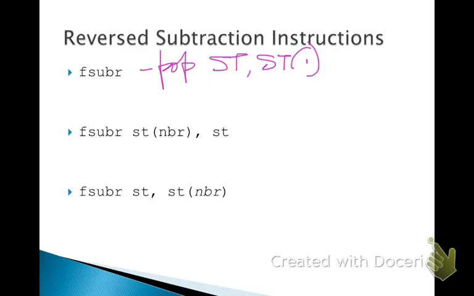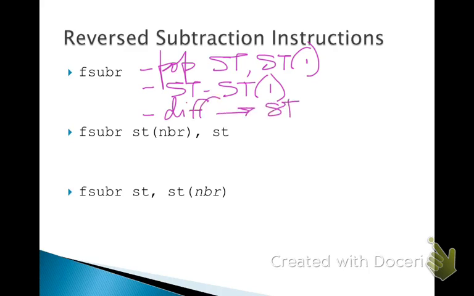We're going to calculate stack top minus ST1, which is opposite. In F sub, we did ST1 minus ST. Okay? And then the difference will get pushed onto the stack.